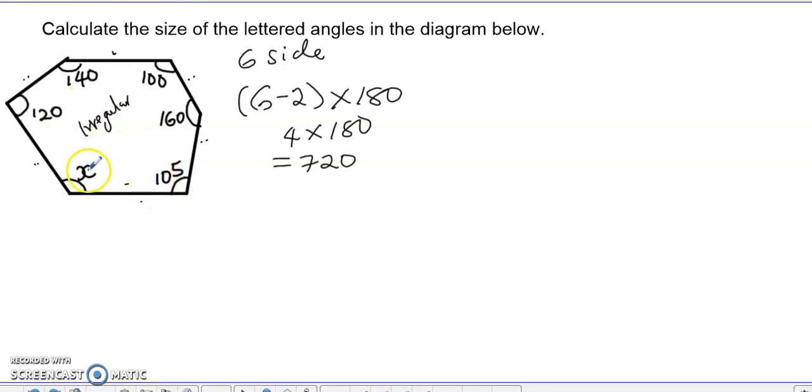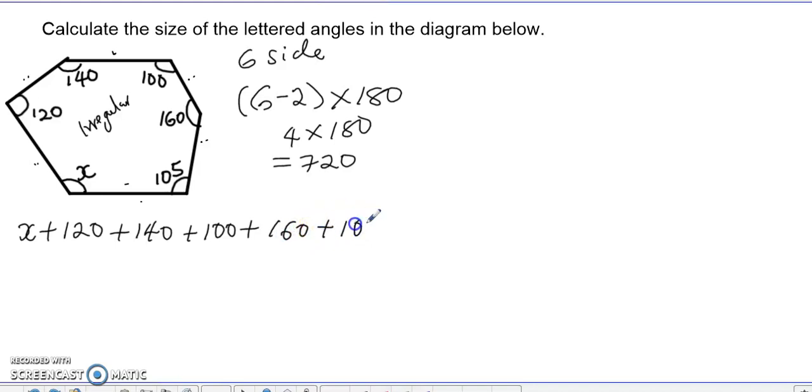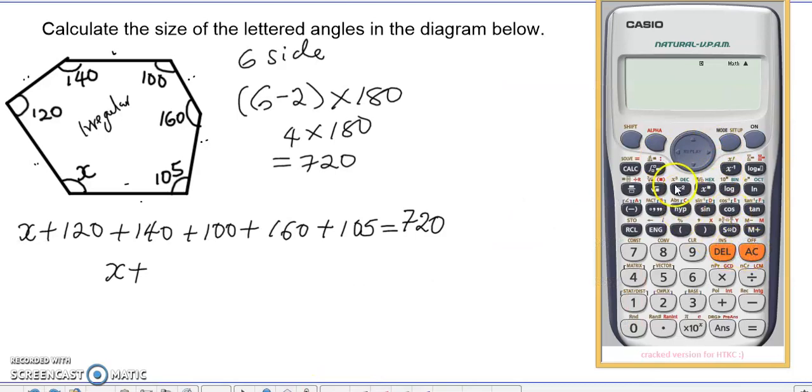Now to find the value of x, we know that x plus 120 plus 140 plus 100 plus 160 plus 105 all sum up to 720. Let us calculate this. We have x plus 120 plus 140 plus 100 plus 160 plus 105. Sorry, this is not 100.